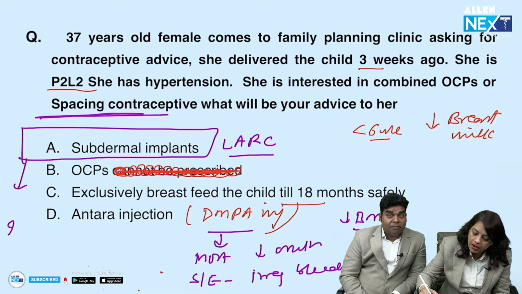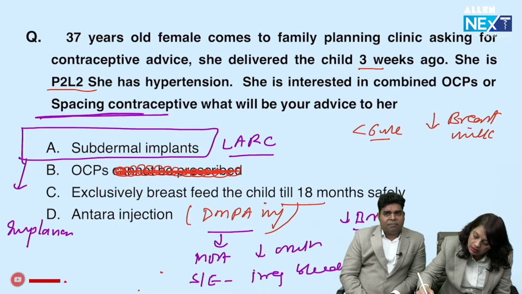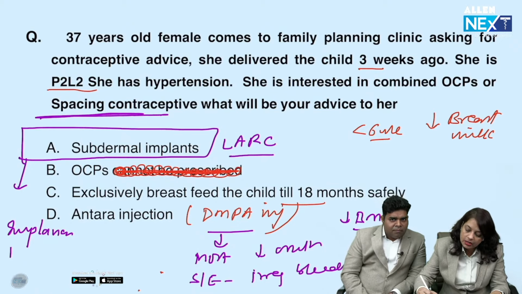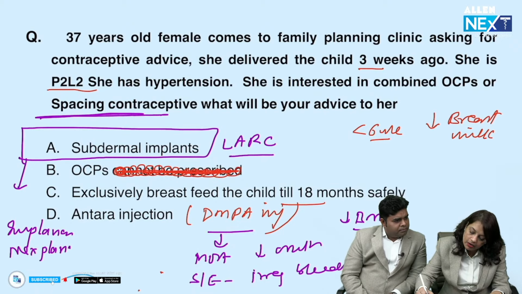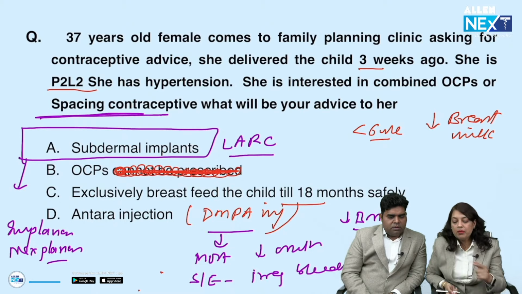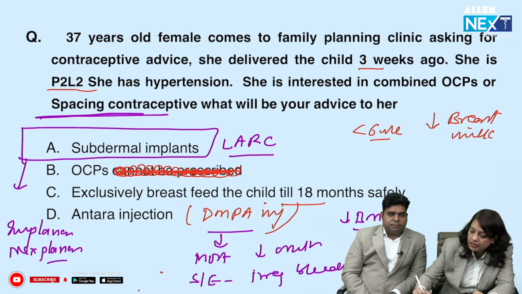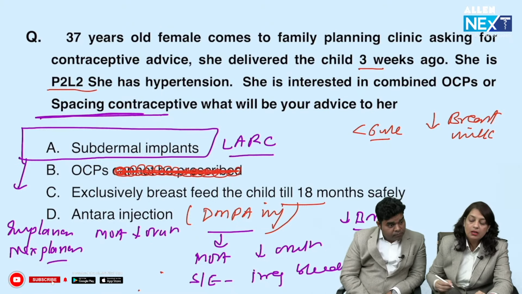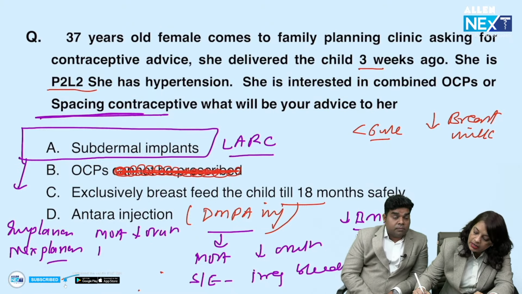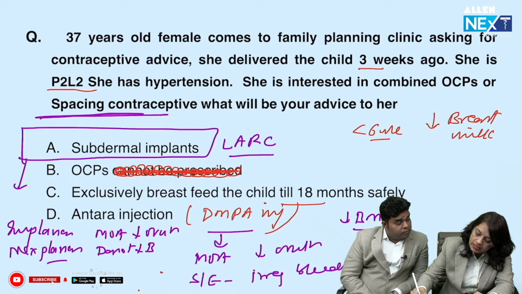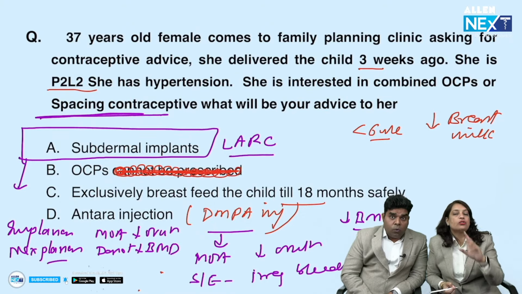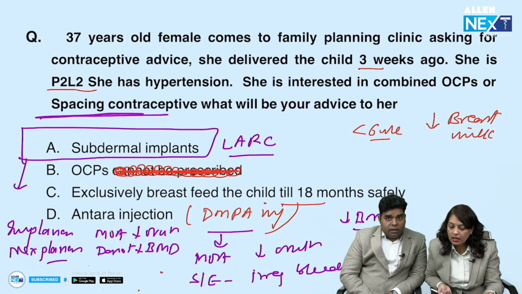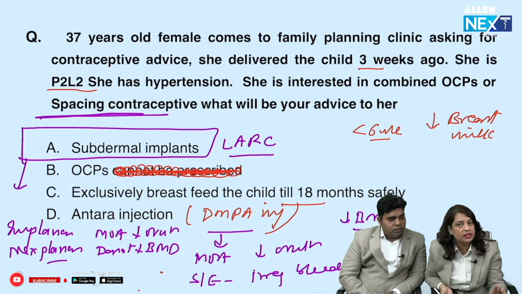So the subdermal implant is Implanon, and if we look at its radio-opaque version, it is Nexplanon. So subdermal implants, what is the advantage? It also has a mechanism of action of suppression of ovulation, but it has an advantage that it does not decrease bone mineral density, so it protects from osteoporosis. But irregular bleeding is the side effect.